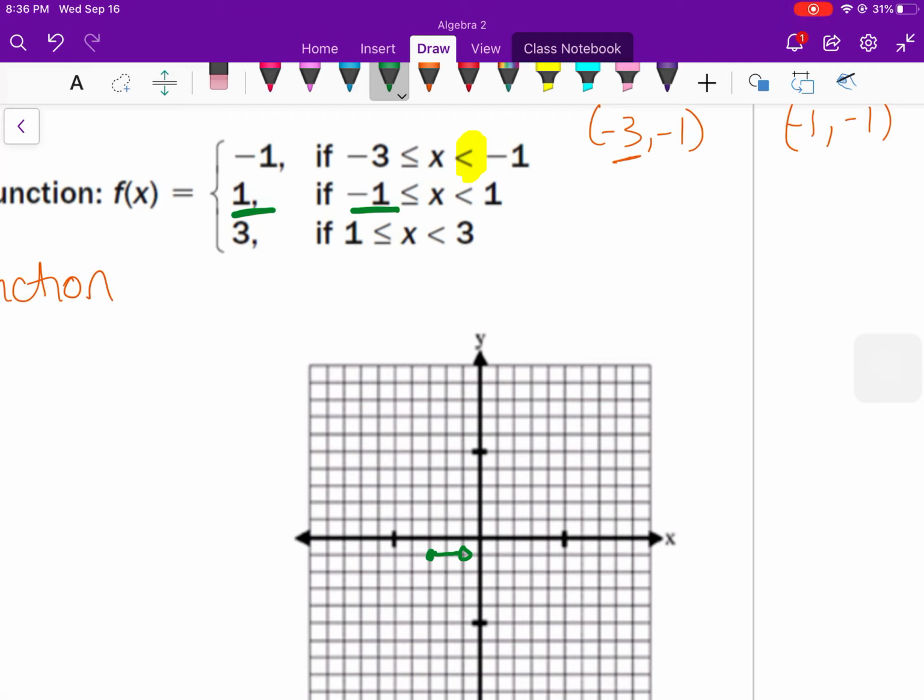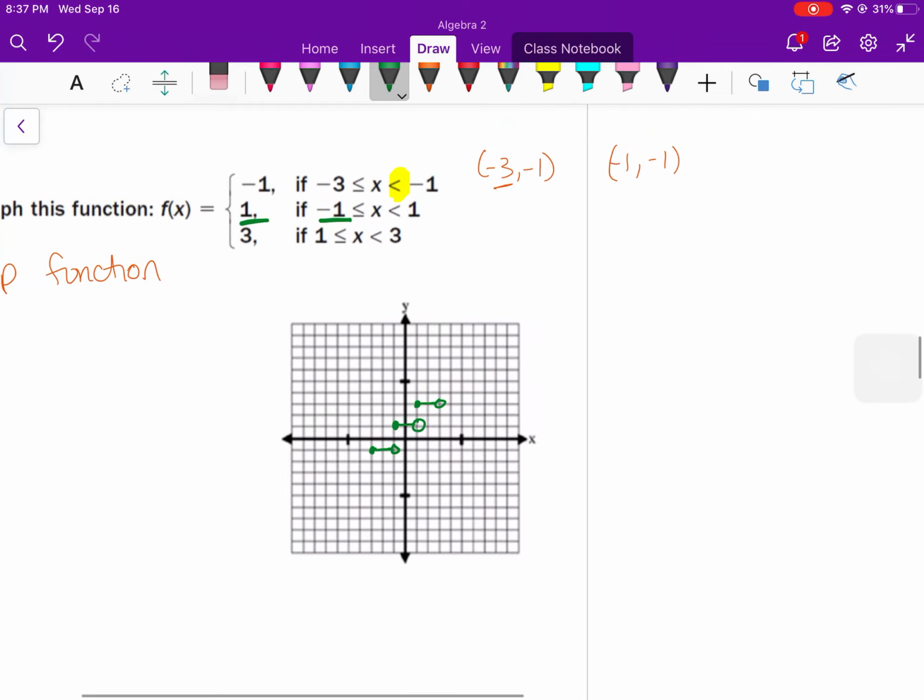So over to -1, then up to 1, it's a closed circle there because it's equal to 1. Then on the x I go over to +1, up to 1, it's an open circle, and then filling that in. And then we go from 1, on the x we go to 1 and then up to 3, and it's a closed circle. And then on the x, we go over to 3 and then up to 3, and it's an open circle. And then there's that step function.